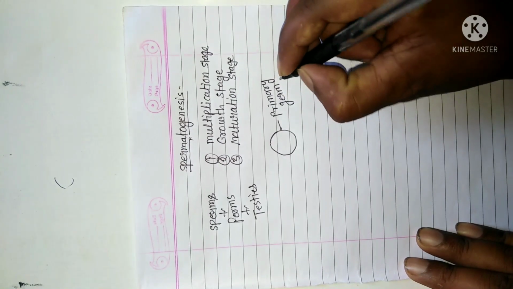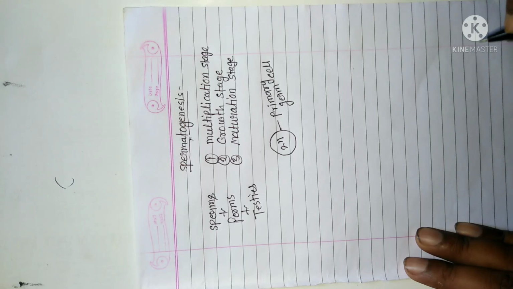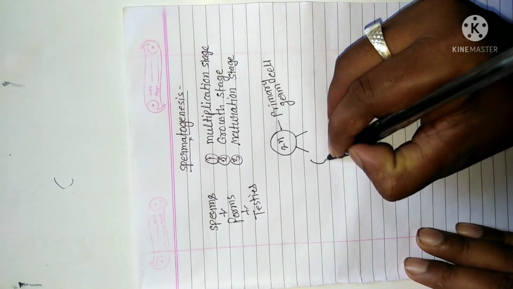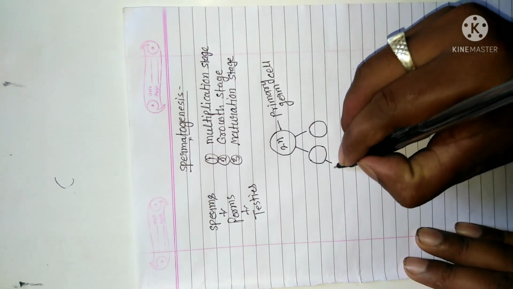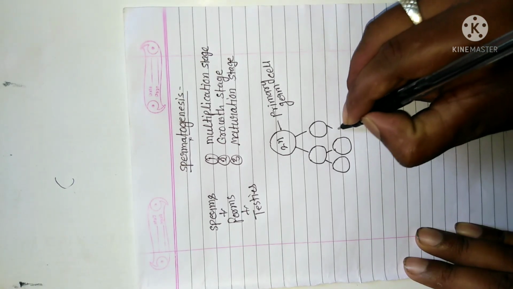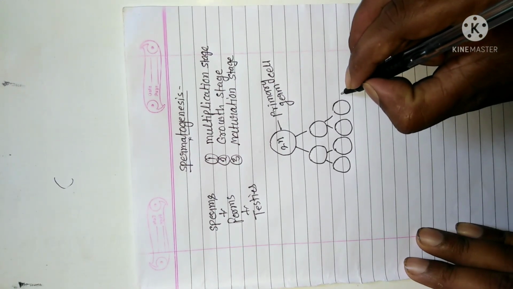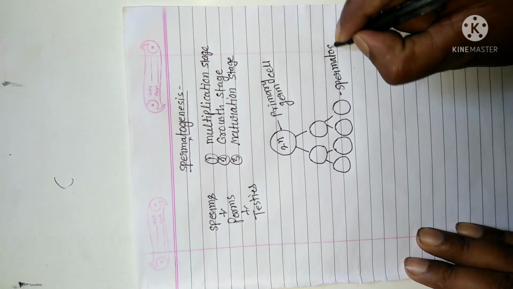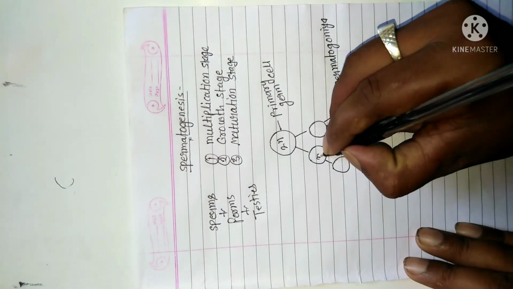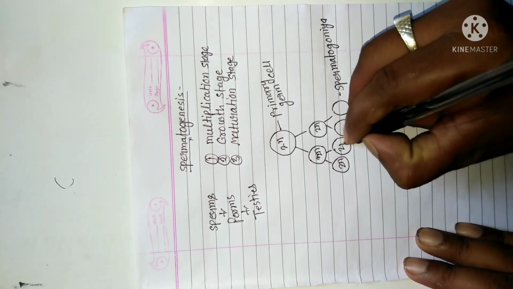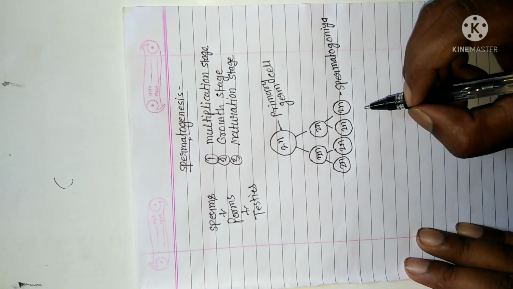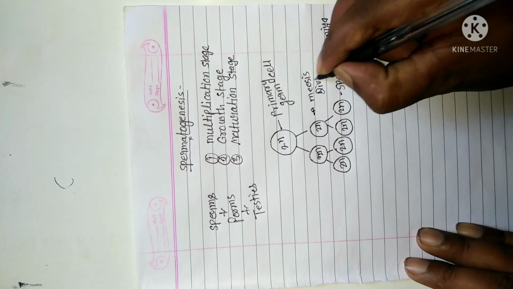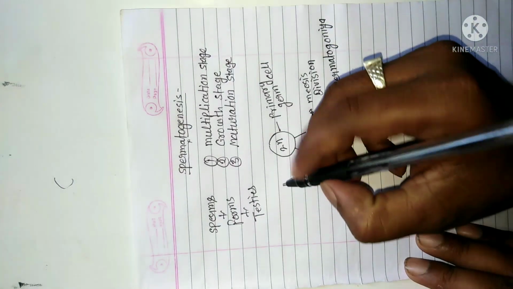Primary germ cell divides many times by division and forms new cells which are called spermatogonia. This is the multiplication stage.